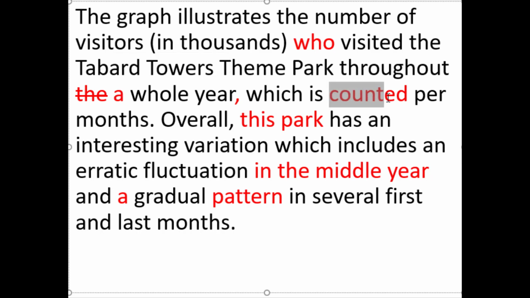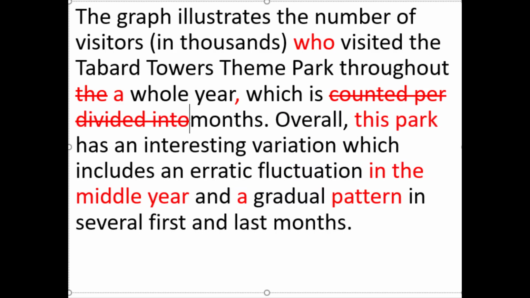And here we have the verb counted, which is counted per month. I don't think the year is counted in months at all. We could say the year is divided into, but do we even need to really say that?